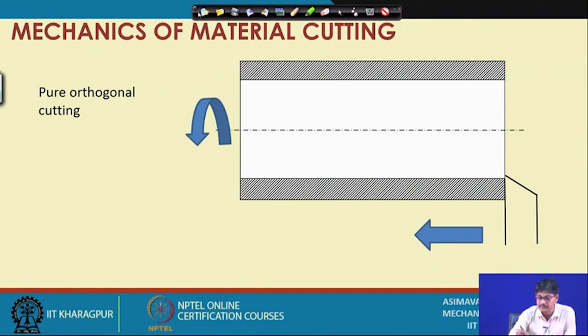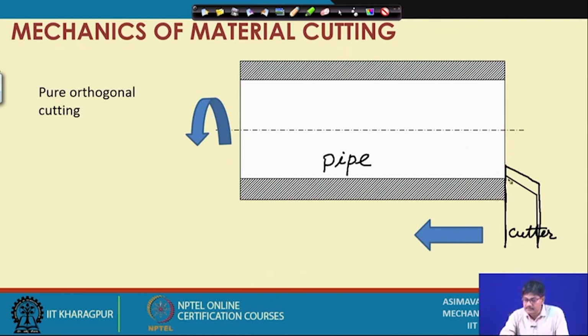if we now consider a pipe. So, this is a pipe which is shown in section. This is the material, this is hollow, it is rotating, and due to the rotation, cutting is taking place, and this is the cutter. As the cutter is moving forwards this way, and say its cutting edge is so large that it totally encompasses the depth of cut.